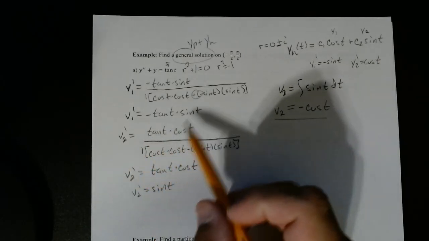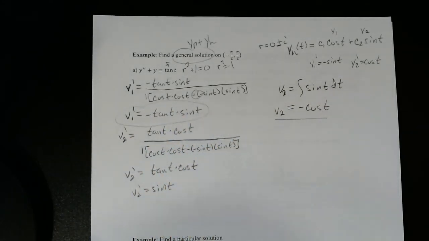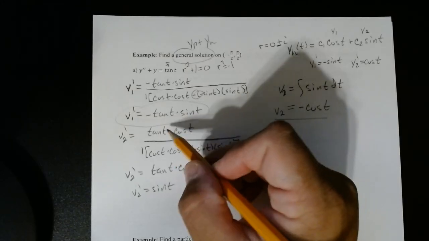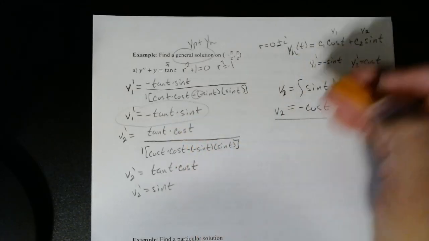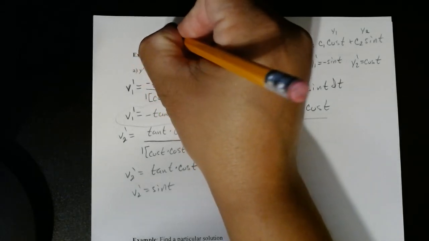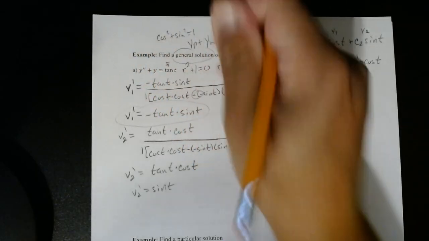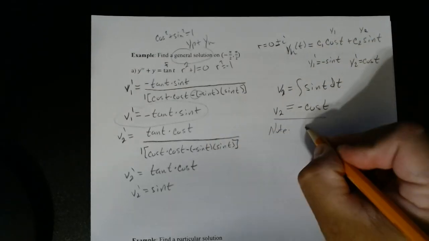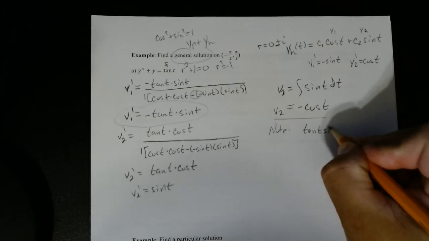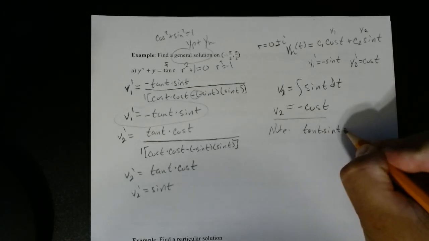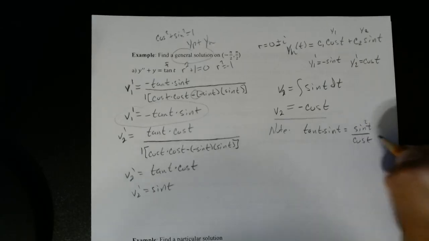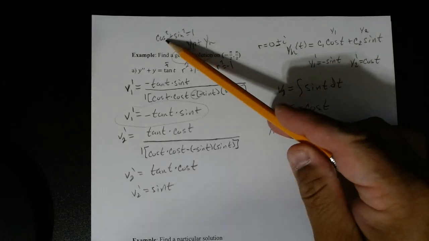Now let's talk about this one. This one is not as fun to deal with. When I convert this, this is now going to be sine squared over cosine, and we know that again that's true. So a little side note here. If I solve for sine squared, I just bring that over.